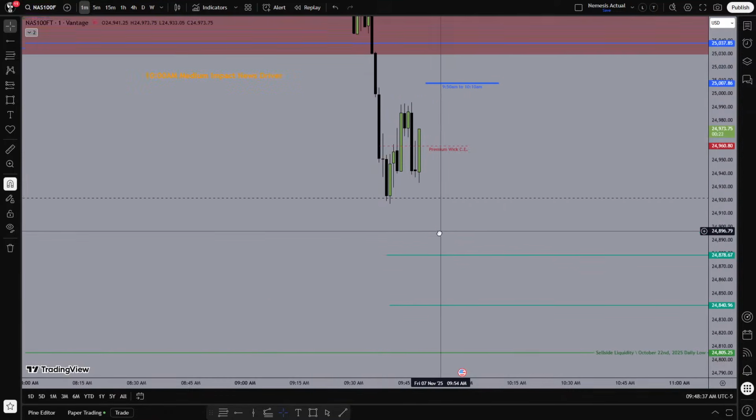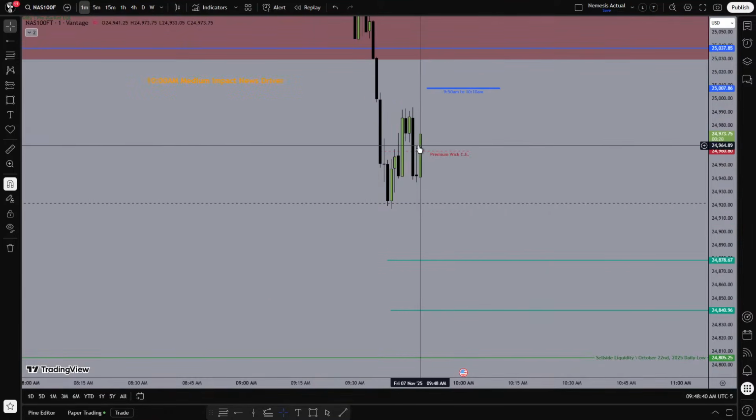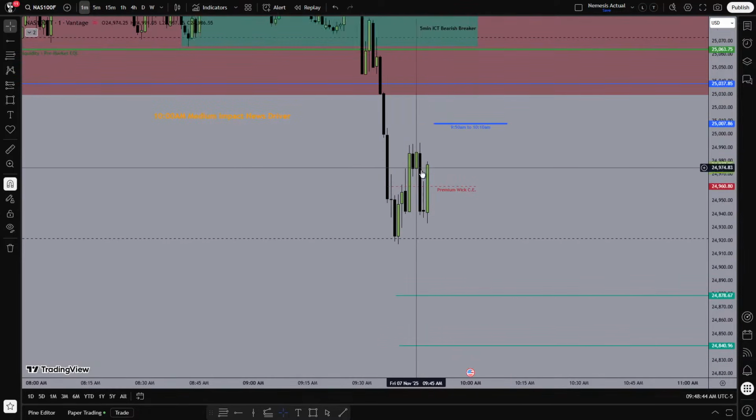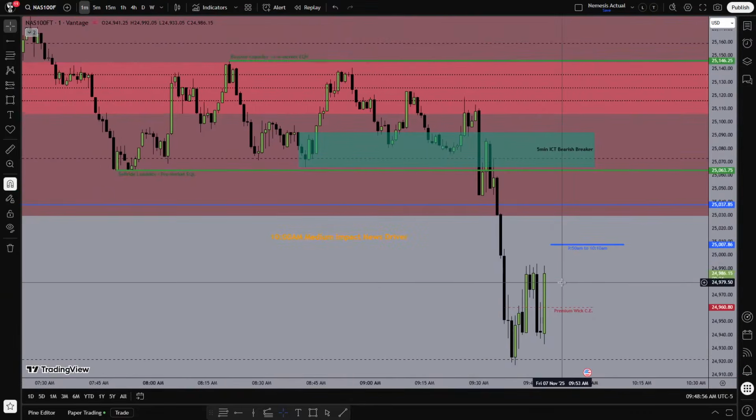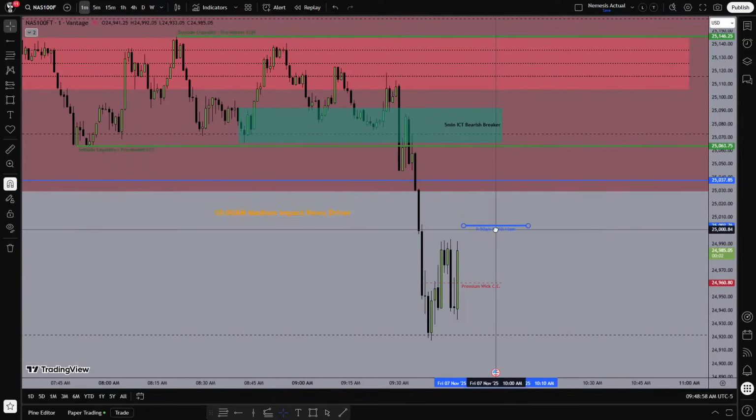So look at that, it all the way filled. So I didn't want to see that filled at all. And it came up and filled it. So now if it drops down, hits this wick, consequent encroachment, and this high, starts working it towards here, that could be something. So note the macro.